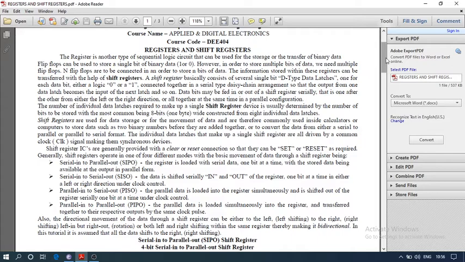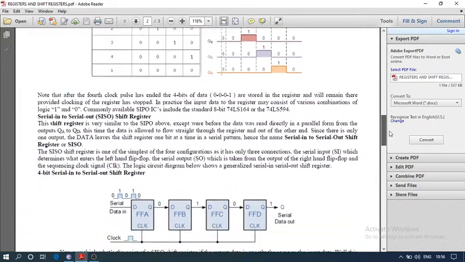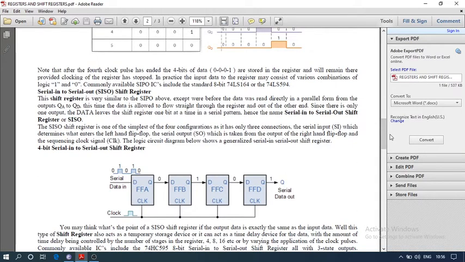So first we go to serial in serial out shift register. In a SISO shift register, data is entered and retrieved in serial fashion with a clock. So for ease of handling, we generally use a D flip-flop where if the input is 0 then the output is 0, and if the input is 1 then the output will also be 1.